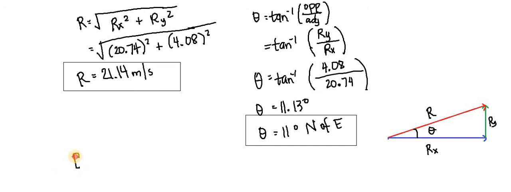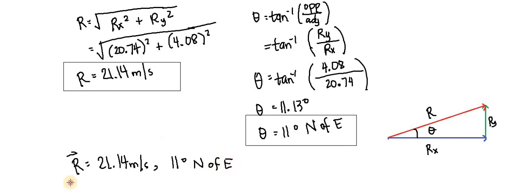Okay, your r, now your r with an arrow on top, that's a vector, is 21.14 meter per second, 11 degrees north of east. Okay, that is our final answer.